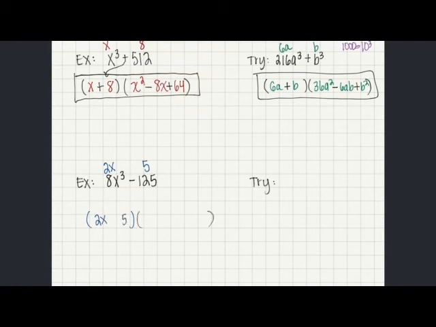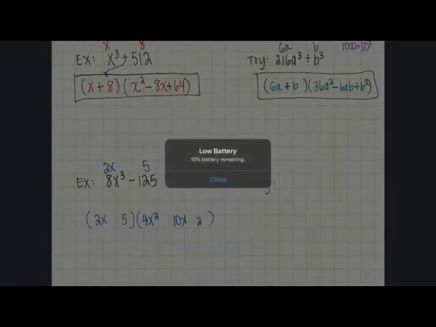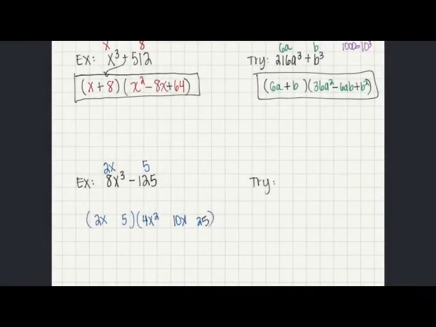And in the large parentheses, we're going to have bouncy bouncy, which is 4x squared. Bouncy over, which is 10x. And then bouncy bouncy is 25. Same sign will be negative this time. The opposite of a negative is a positive, and then the last term is always positive. And that is our factored form.